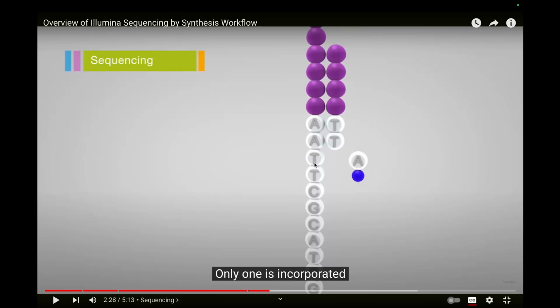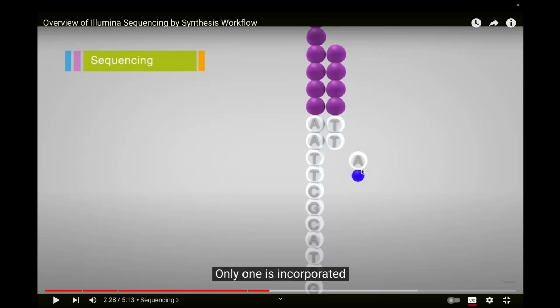After a ddNTP has been attached, you need to convert the ddNTP to a dNTP to further this process. After this A comes and joins here, if this is a ddNTP, the synthesis will stop. But you don't want that. You want the whole sequence. So after this has bound and you have captured what light it is emitting and what base is there, you convert this ddNTP to a dNTP so that the next ddNTP can go and bind.